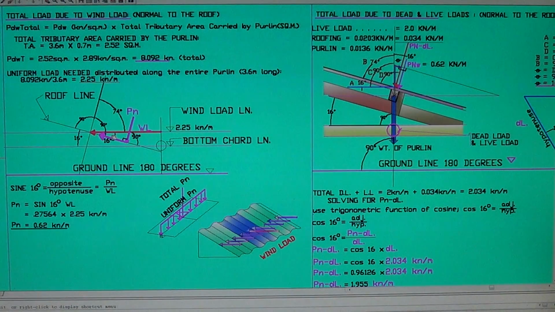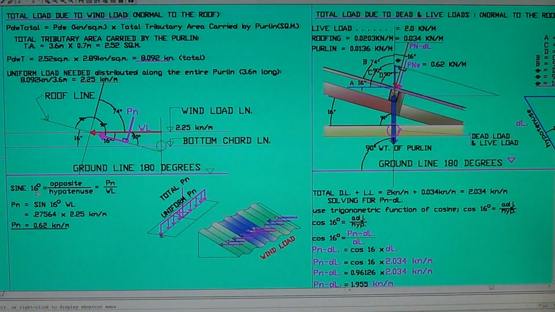And since this involves the opposite side and the hypotenuse, we can use the trigonometric function of a sine. A sine is opposite over hypotenuse, right? So we use that trigonometric function of a sine. So sine 16 degrees equals opposite over hypotenuse. So PN is the opposite, and the hypotenuse is the wind load.